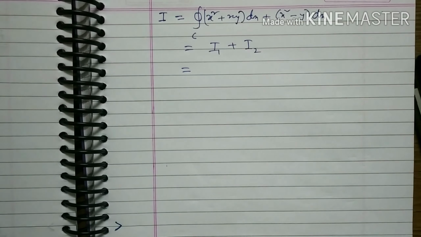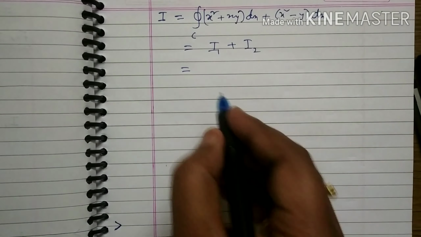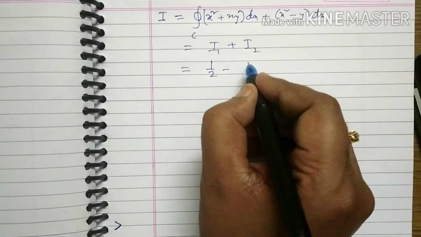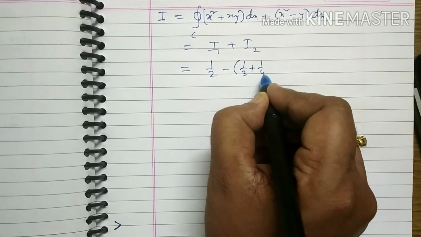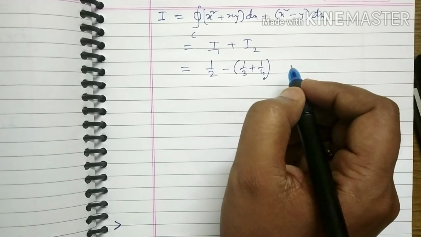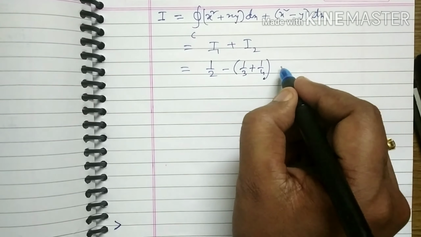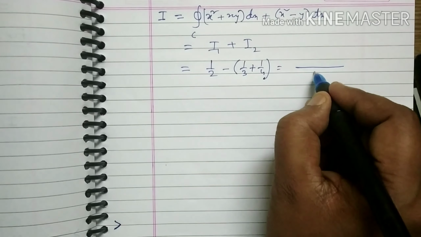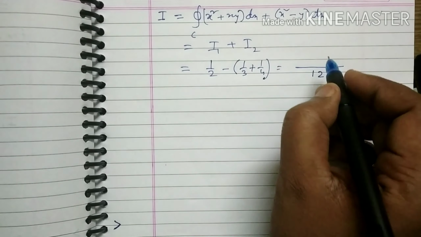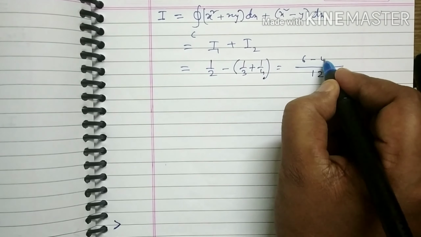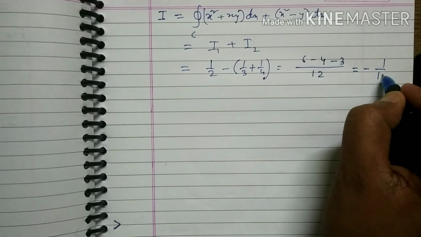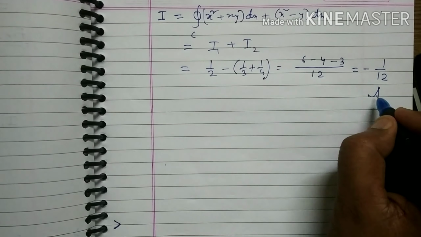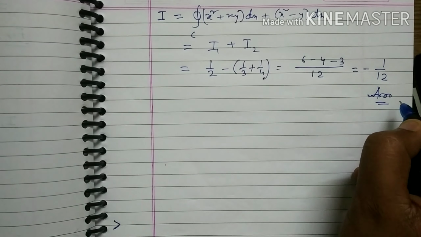Your I1 is half, so half minus 1 by 3 plus 1 by 4. Ultimately, if you take the LCM, that is 12, it is 6 minus 4 minus 3, which equals minus 1 by 12. So this is the answer to this problem.